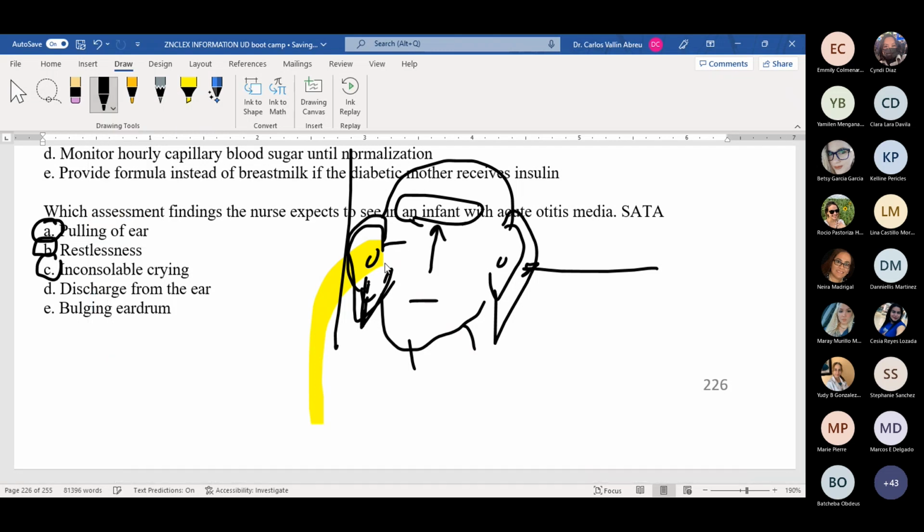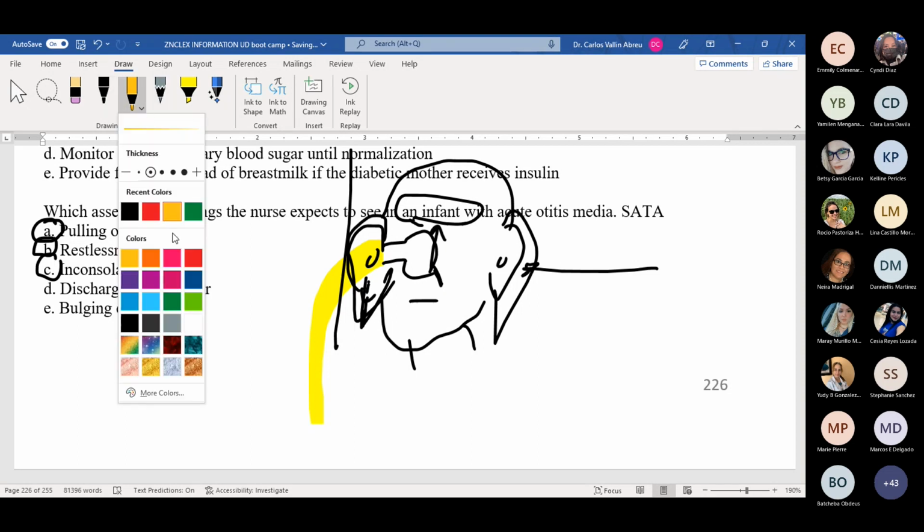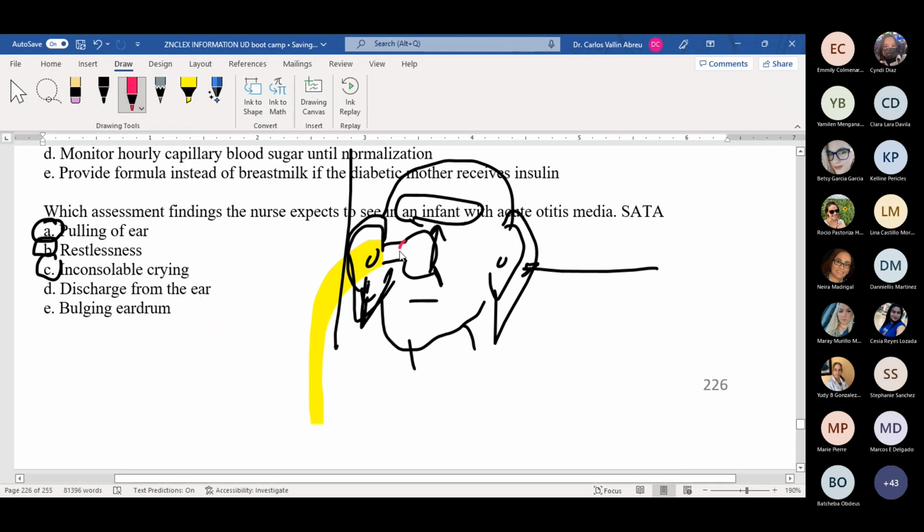Infection. Okay, so let me try to draw the middle ear. Here we have the eardrum, the tympanic membrane.